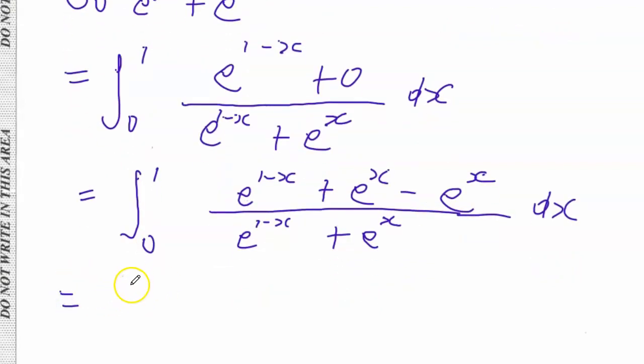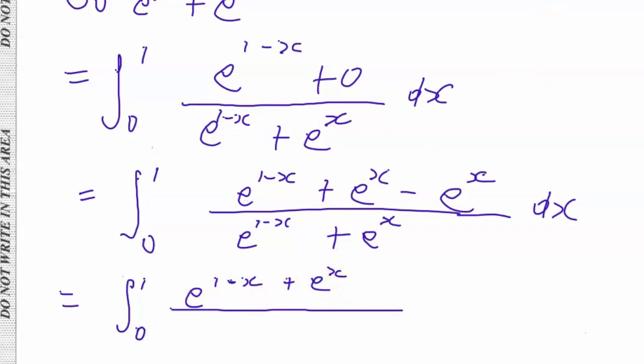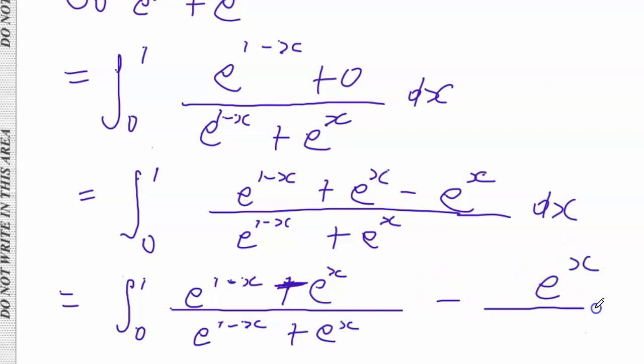So we can write the integral from 0 to 1 of e to the 1 minus x plus e to the x over e to the 1 minus x plus e to the x, and separate it, minus e to the x over the same denominator, e to the 1 minus x plus e to the x, dx.